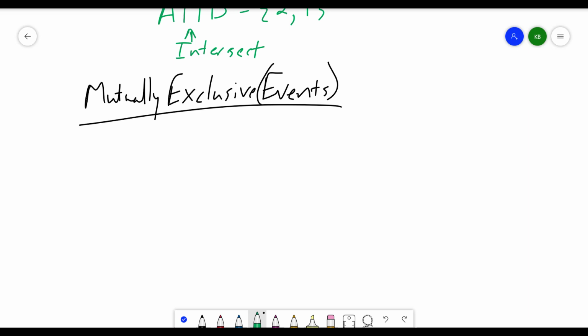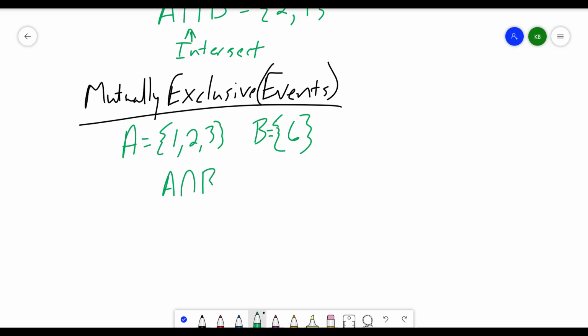So when I have some event A, say it's my 1, 2, 3 event, and I've got an event B, which is the event that a 6 is rolled, I look at A intersect B, and that's going to equal the empty set.